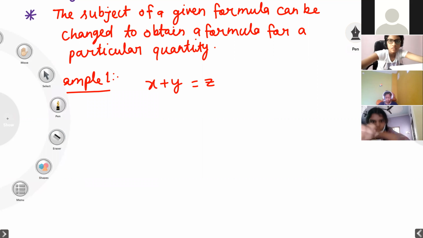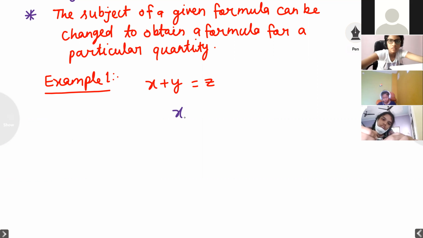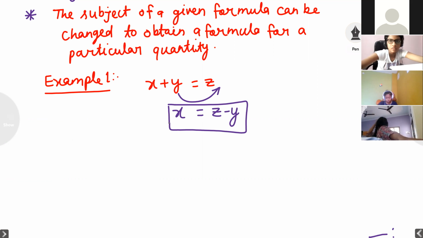I can write here x is equal to z minus y. What is x here? x is subject. Now you are observing x is represented in terms of z and y. What is the subject? x is subject.